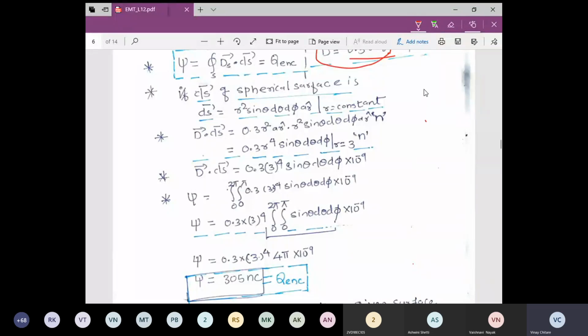The charge was located at the origin and we were interested in the flux leaving a portion of the sphere. They have given the information that phi varies from 0 to pi by 2 and theta was varied from pi by 2. I'll just try to show that.